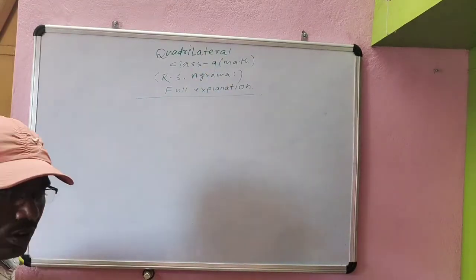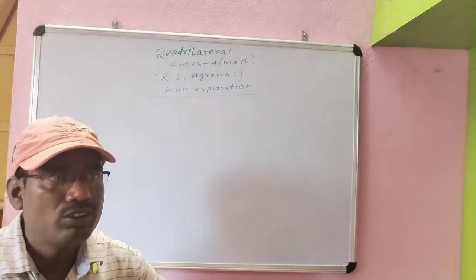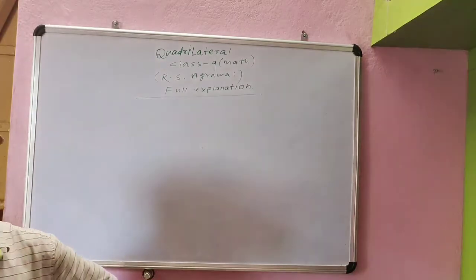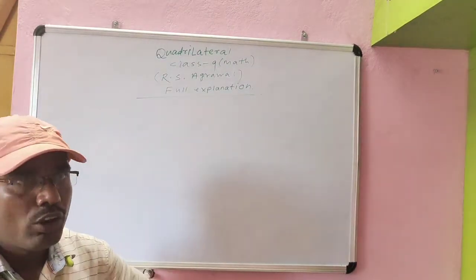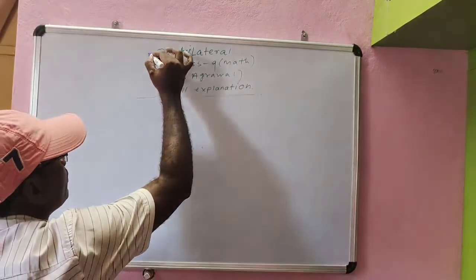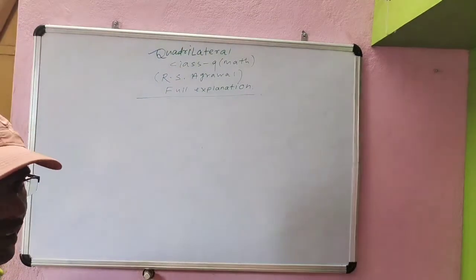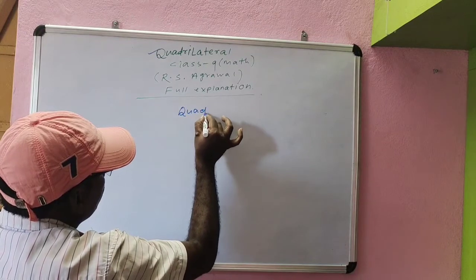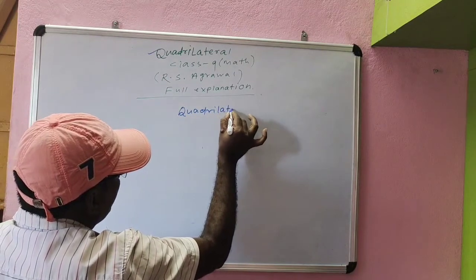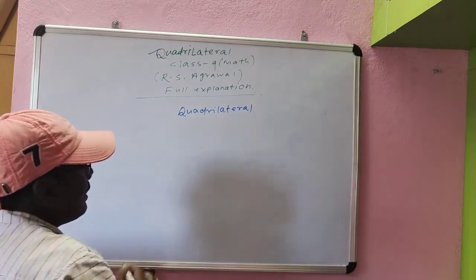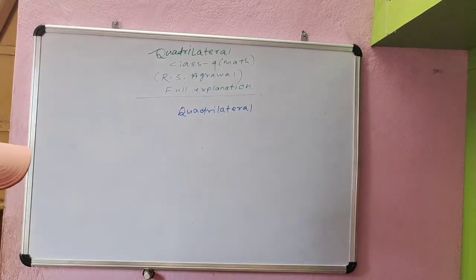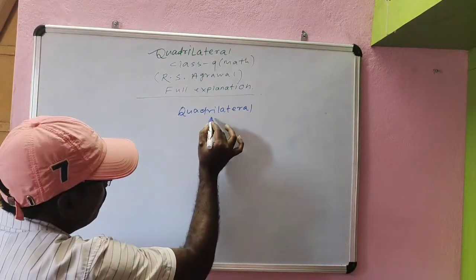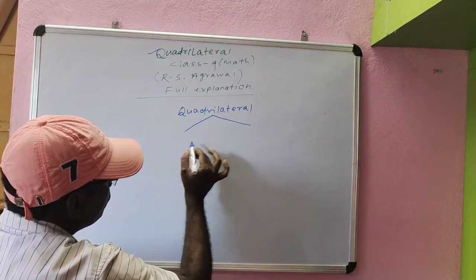Before starting the chapter, first we have to know the meaning of the term quadrilateral. This word is made of two different words.